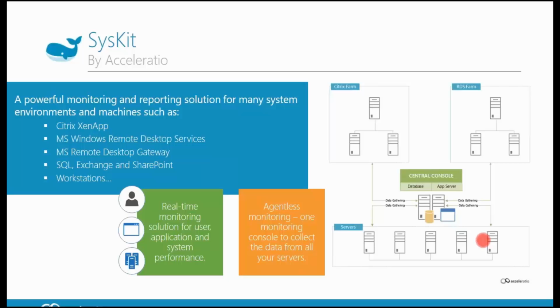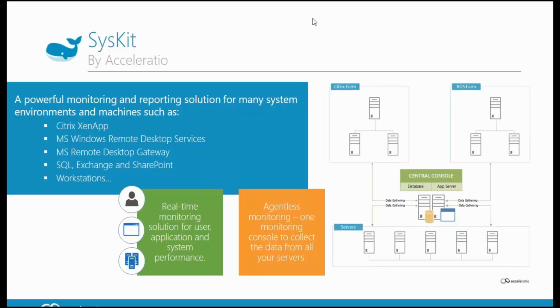In case you are also running a single location, single data center, but with a lot of servers, in that case you would still have to install multiple agents just performance-wise to make sure that you can retrieve information from all these servers in real time.